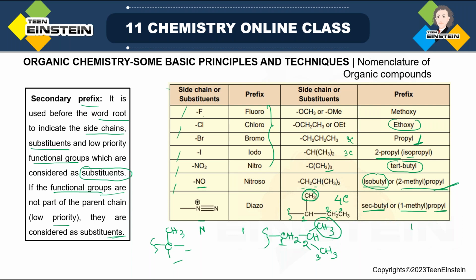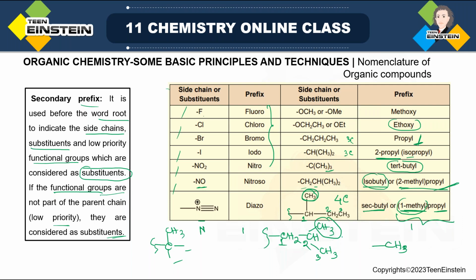This whole group is a substituent, but within the substituent you have another substituent. So it is 1-methyl. This methyl is attached at the 1 position, but in the previous case it is attached at the 2 position. That is why the terms are different.